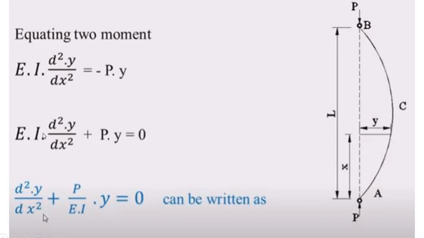Rearranging the equation, you will get EI d square y by dx square plus Py equal to 0. Now we can divide the equation by EI. So you will get d square y by dx square plus P by EI into y equal to 0.